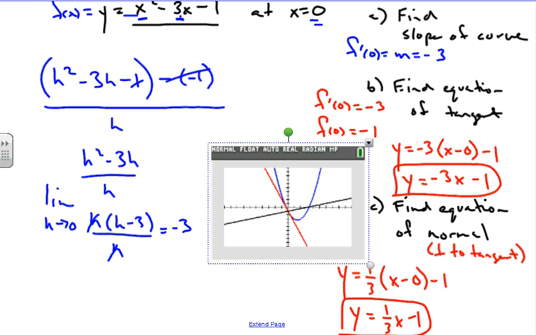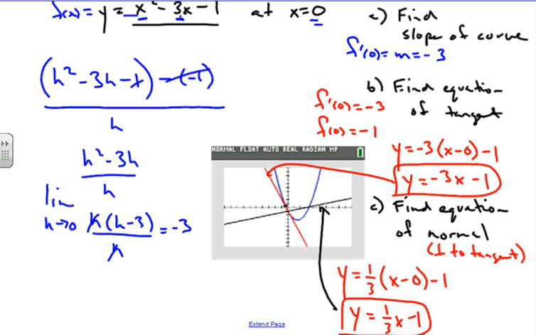There's our tangent, which is red. We have this one right here, which is perpendicular to our tangent, in black. And then we have our actual point right there, and there's our tangency.